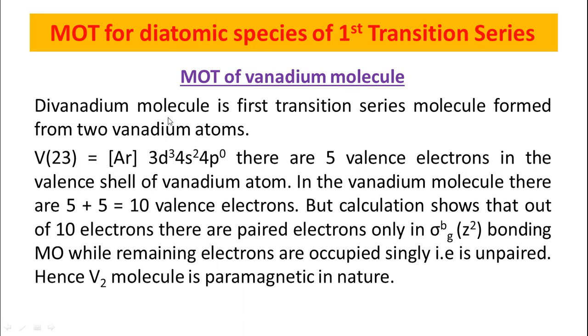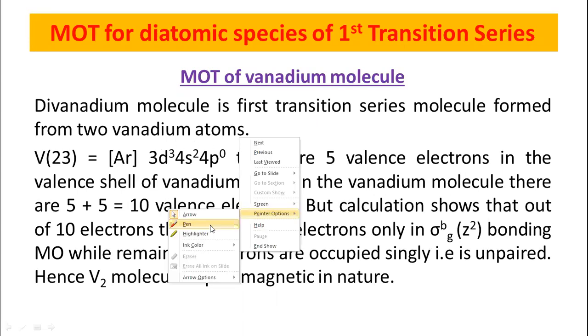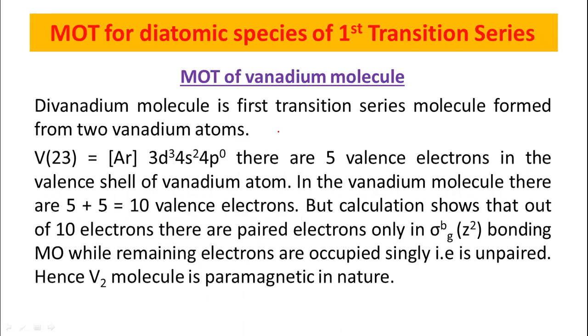The divanadium molecule is a first transition series molecule formed from two vanadium atoms. It is represented as the V2 molecule.